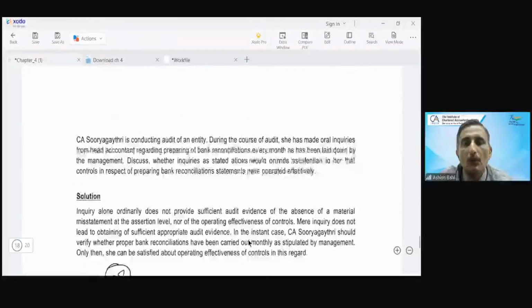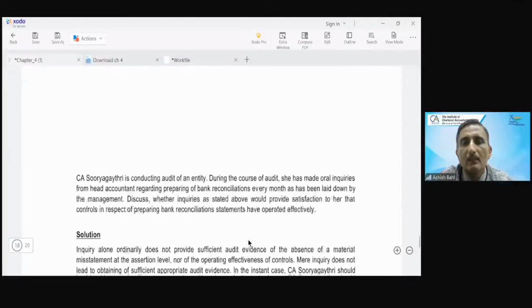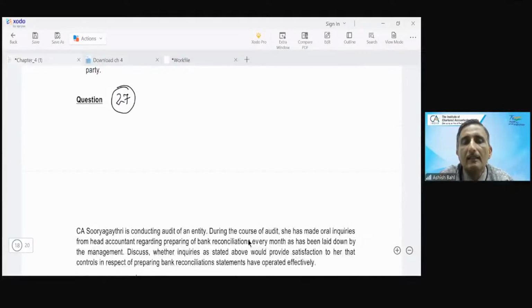Yes, next question. See this question. CA Surya is conducting audit of an entity. During the course of audit, she has made oral inquiries from the head accountant regarding preparation of bank reconciliation every month, as has been laid down by the management.